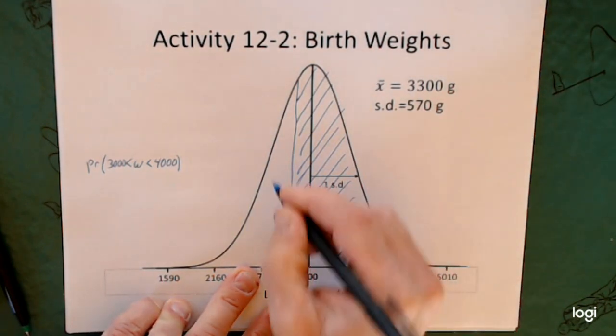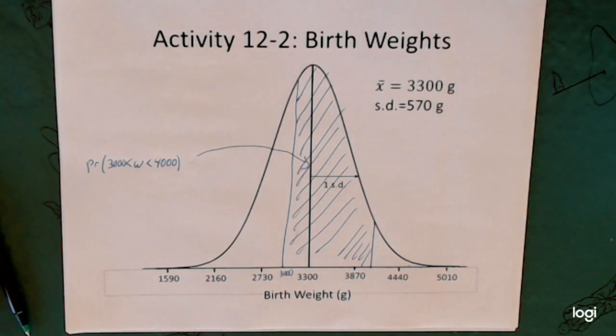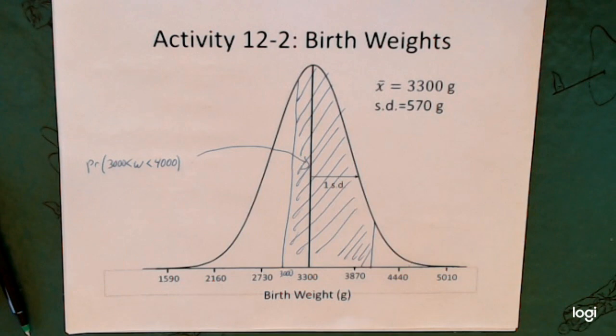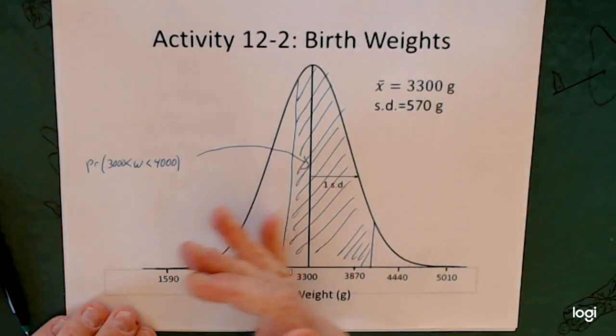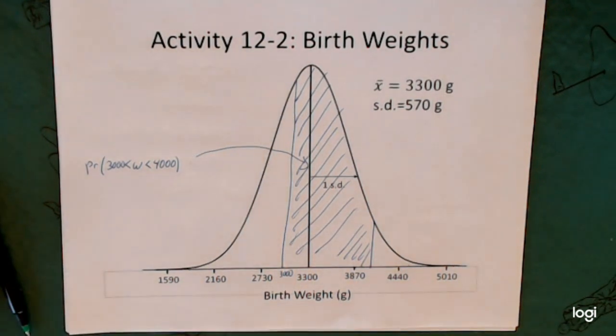And that's this area, right? Or said differently, this area relative to the total area under the curve is the proportion. Again, you can see the challenge, right? That table 2 gives us area to the left. We want the area between these two values.